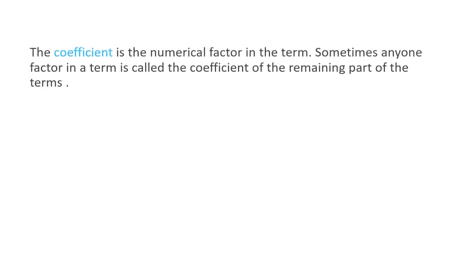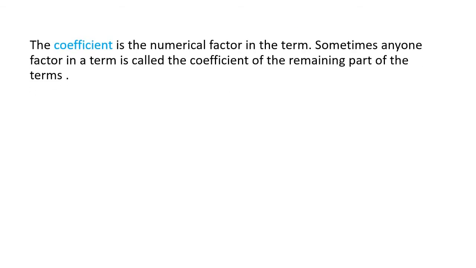And then see coefficient. Now we are going to discuss coefficient. What is a coefficient? The coefficient is the numerical factor in the term. Sometimes any one factor in a term is called the coefficient of the remaining part of the term, which we will see in an example. Usually coefficient means the numerical factor in the term. Suppose you get only one term and they ask you to find the coefficient of a particular variable.